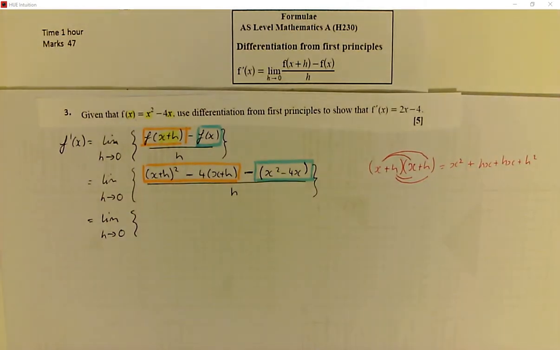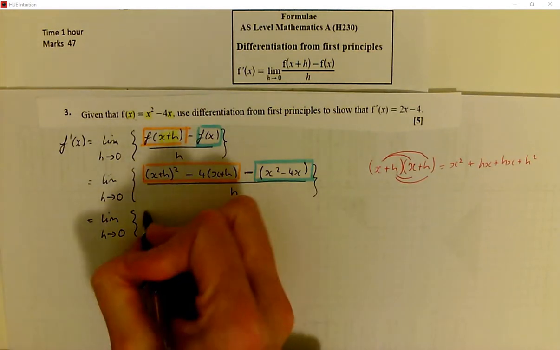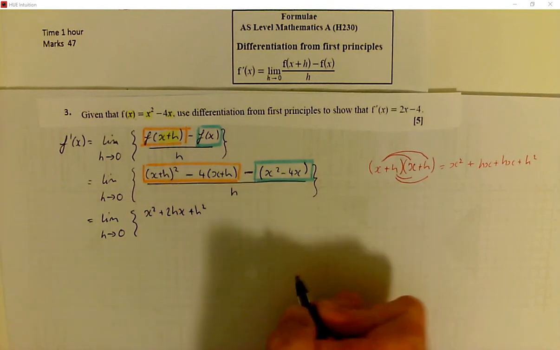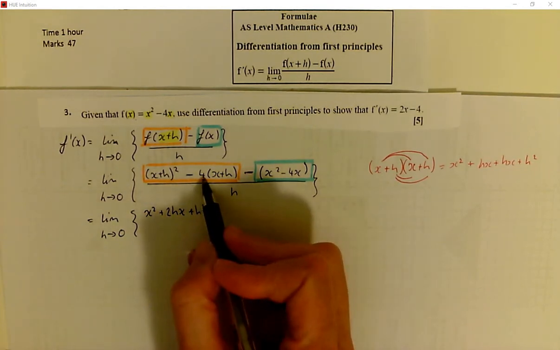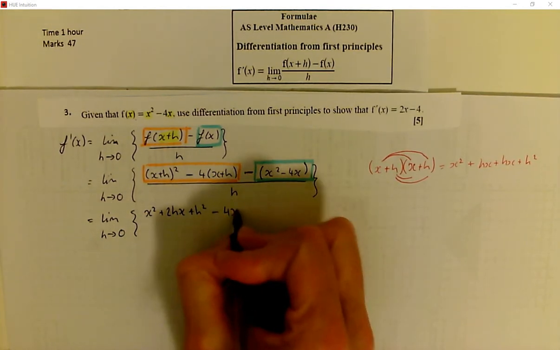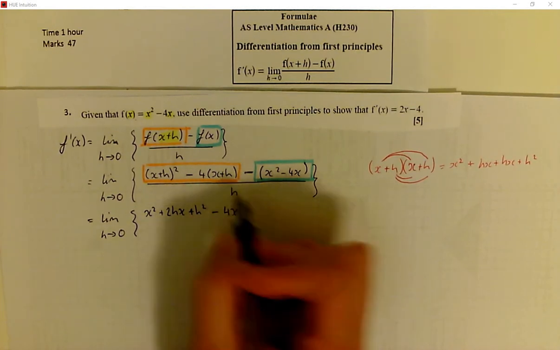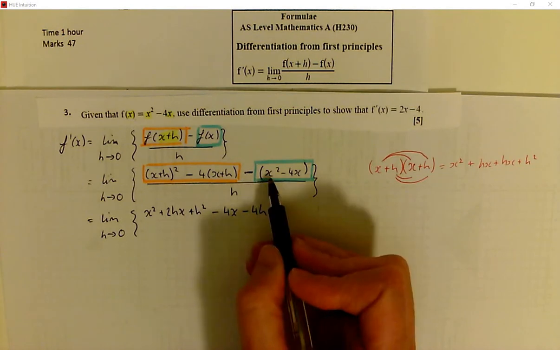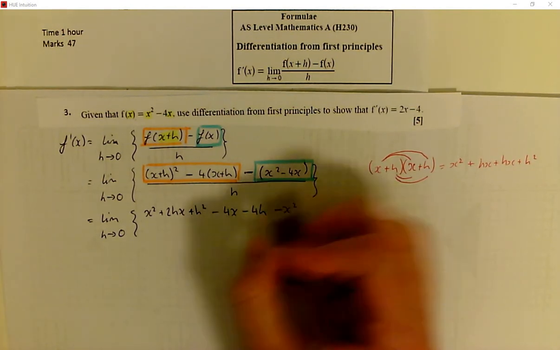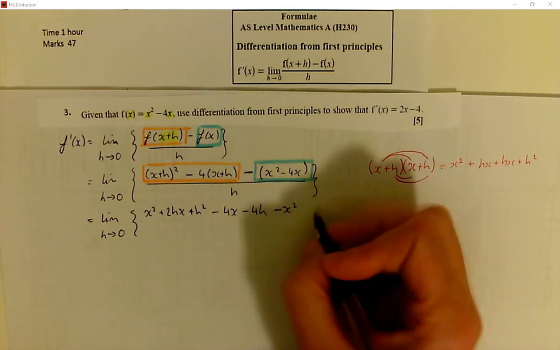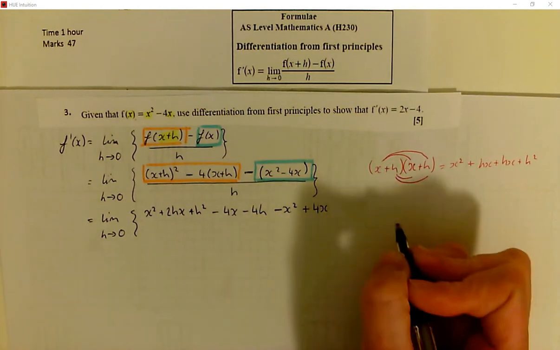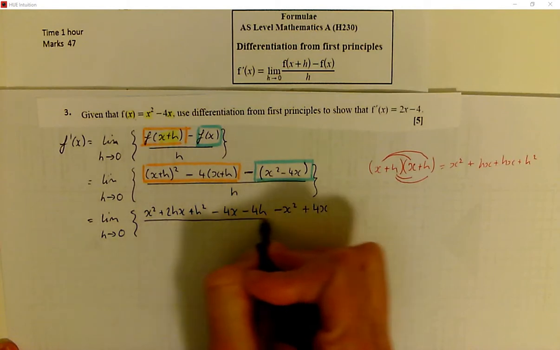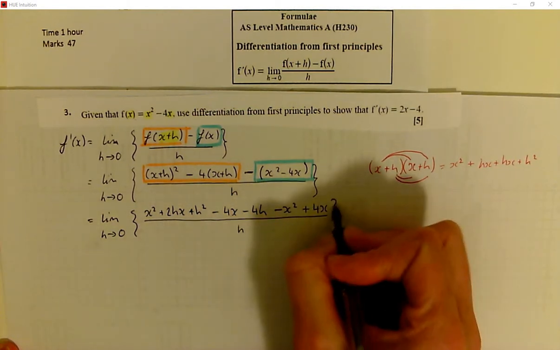So altogether that gives us x squared plus 2hx plus h squared. Next bit, negative 4 times x, so minus 4x. Negative 4 times positive h, so negative 4h. Then take away x squared, and take away negative 4x, so plus 4x this time. And that's all over h.